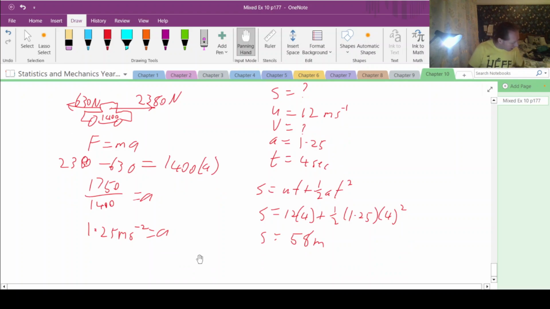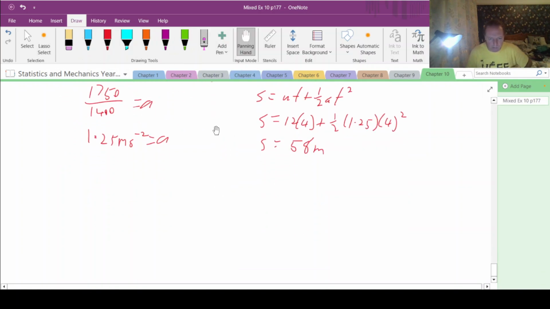Right then. State how you have used the modelling assumption that the tow rope is inextensible. How have I used inextensible?